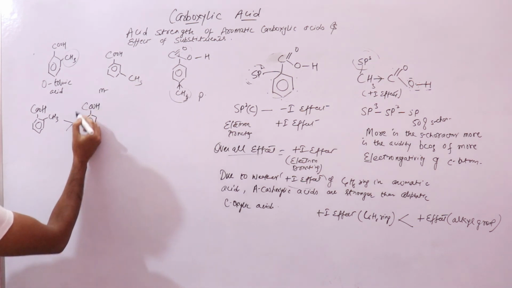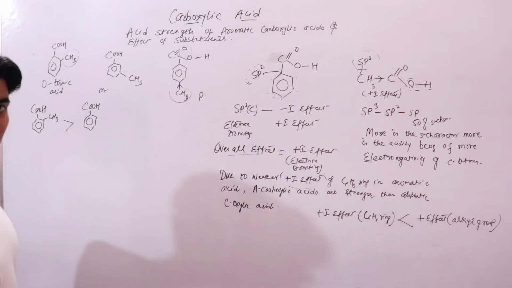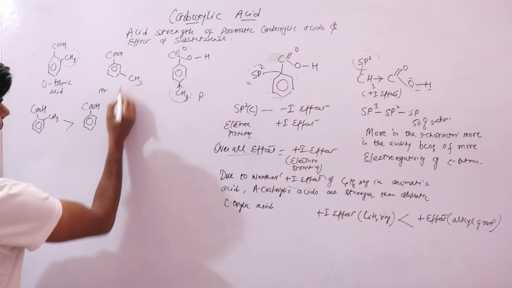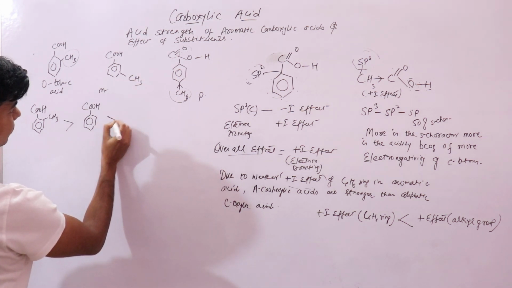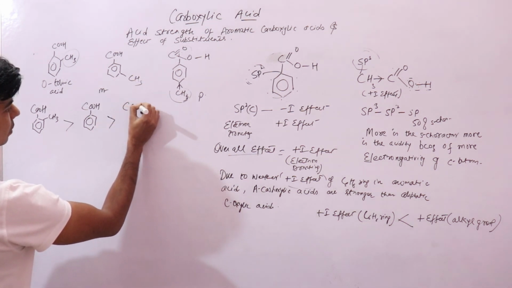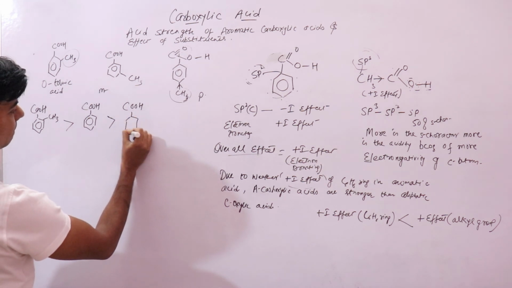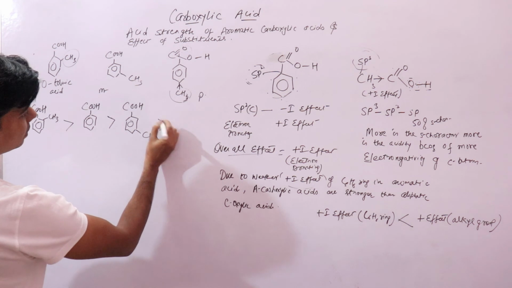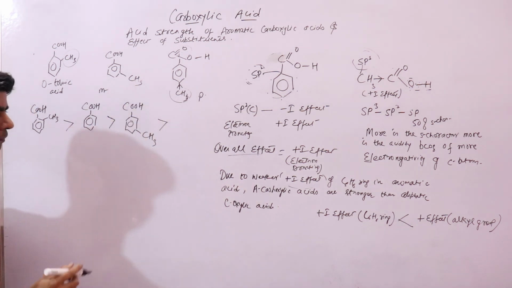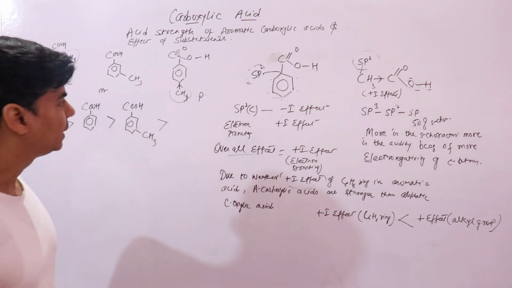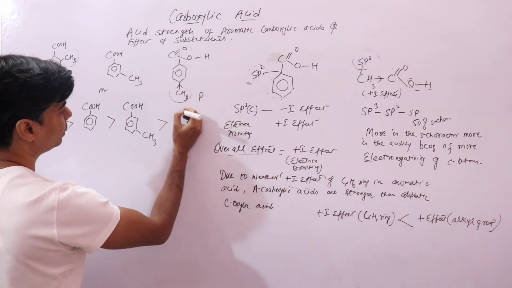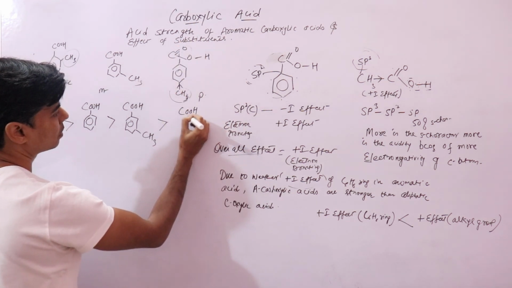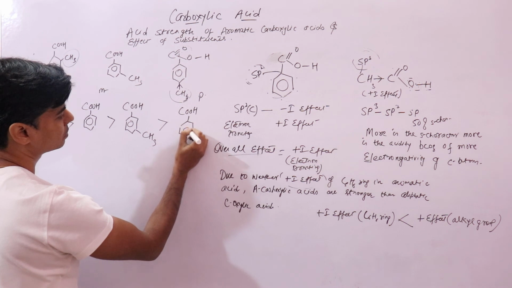Now this benzoic acid is stronger than meta-toluic acid, and meta-toluic acid is stronger than para-toluic acid, like this.